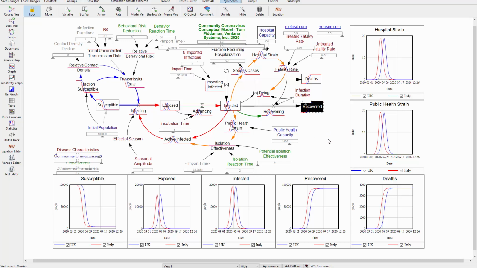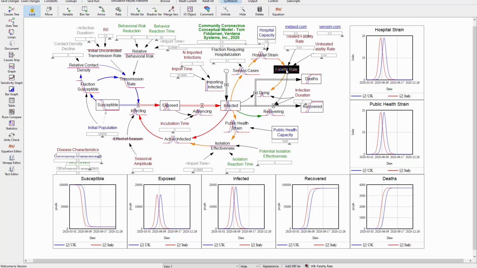And actually, it's potentially even worse than this. If you imagine that this lag scenario is correct, that somehow the disease was introduced later to the UK or in smaller numbers initially, what that means is the strain on the public health system, which is now at critical levels in Italy, has not yet reached critical levels in the UK.